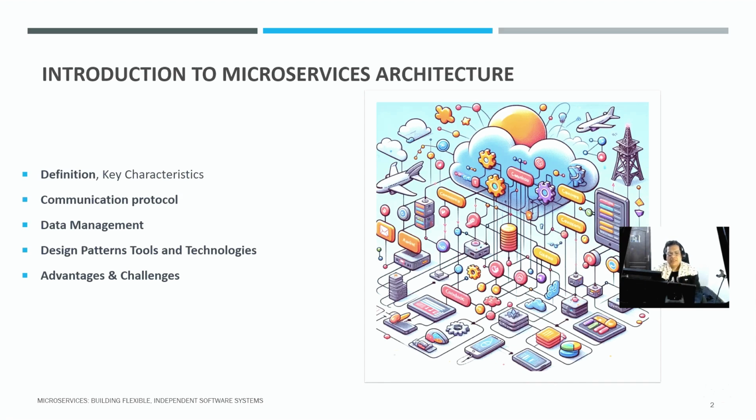Okay. Now we have covered the definition, key characteristics, communication protocol, data management, and design patterns, tools, and technologies. Now let's discuss the advantages and challenges. When we discuss the advantages of microservices, the first thing that comes up is agility. Your services are agile because the application is broken into small pieces served as segregated services, so you are always agile using this technique.